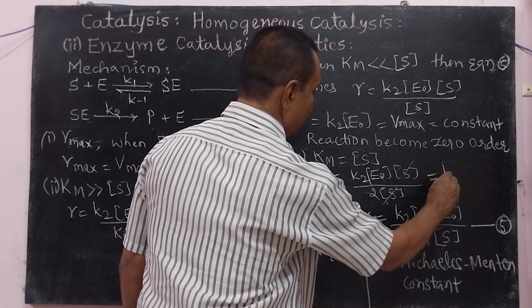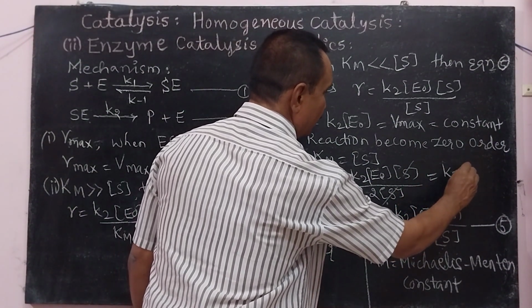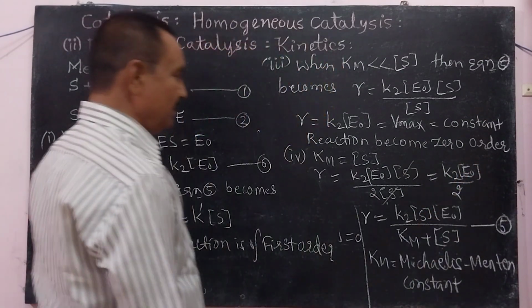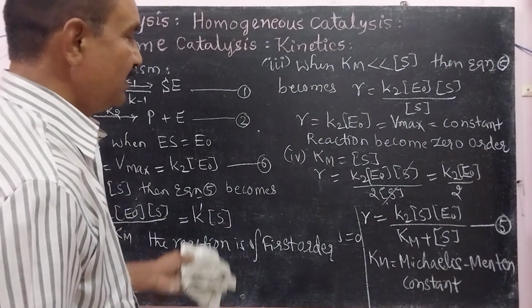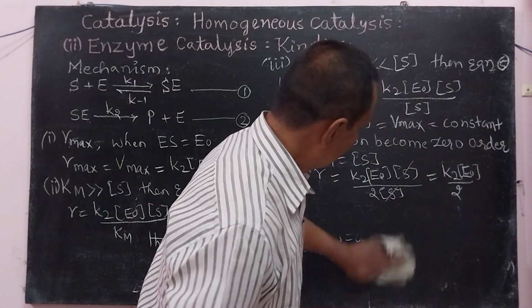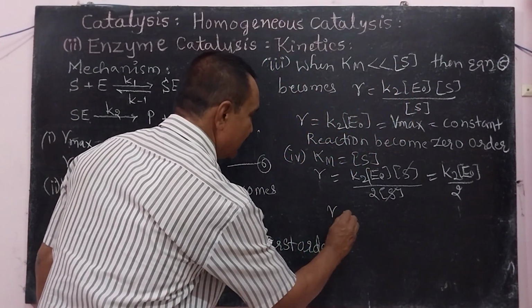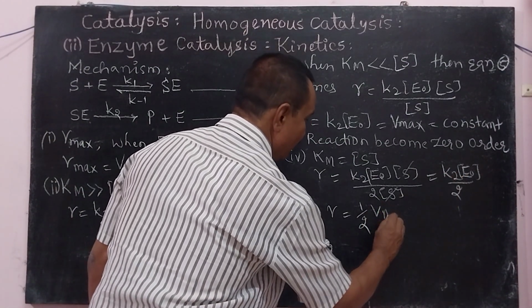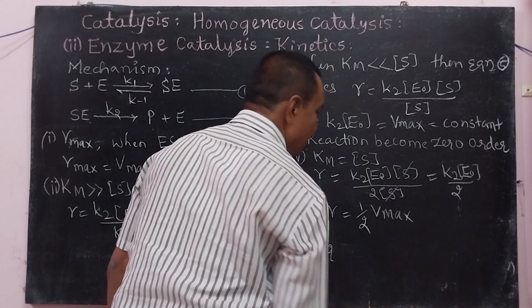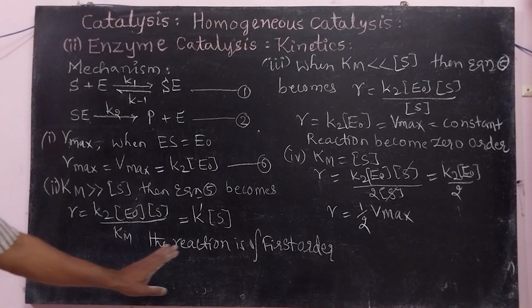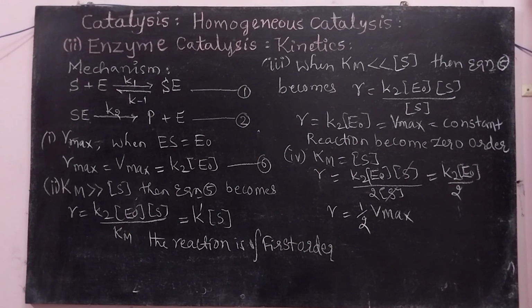Then it becomes K2 E naught divided by 2, that is, rate equal to one half of K2 E naught, which is nothing but half of Vmax. In this way we can apply the various conditions to get the different order reactions and different shapes.